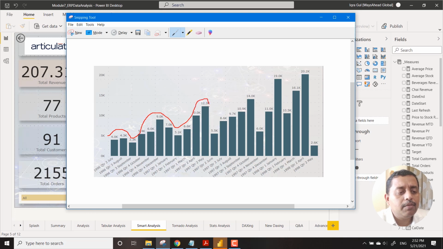You can see it is eventually increasing, but there is a pattern. Suddenly, when you come to this particular section, you see that the pattern is somewhat different. I'm not saying that there is no pattern, but there is some difference in the pattern.